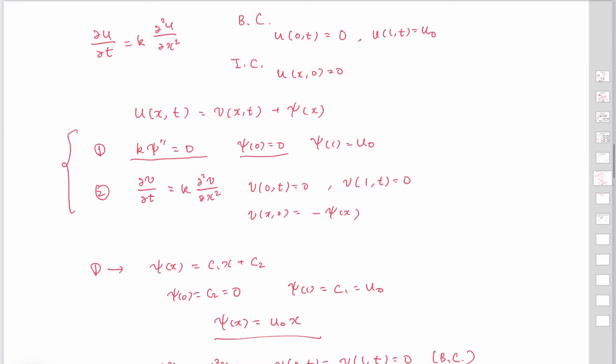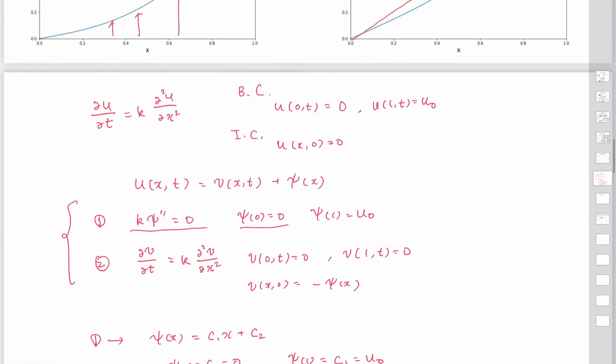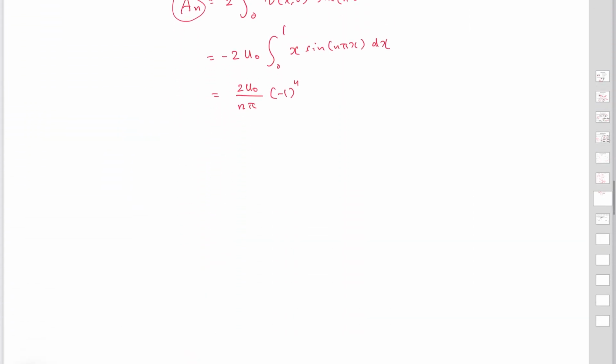And the original u is obtained as the sum of v and psi. So the solution of u(x,t) is given by the sum from n equals 1 to infinity of 2 u sub 0 over n pi times minus 1 to the n exponential minus k n squared pi squared t sine n pi x plus u sub 0 x.